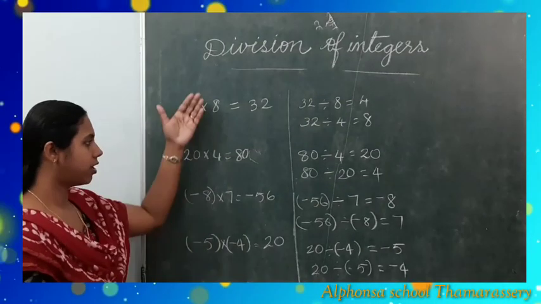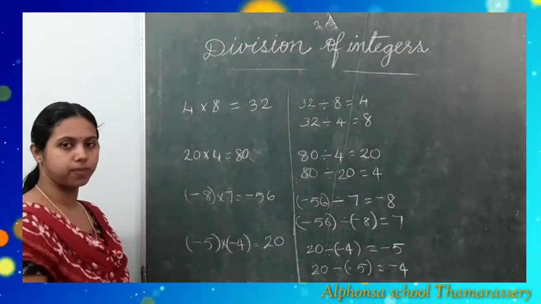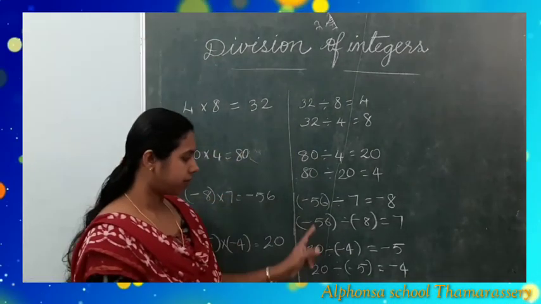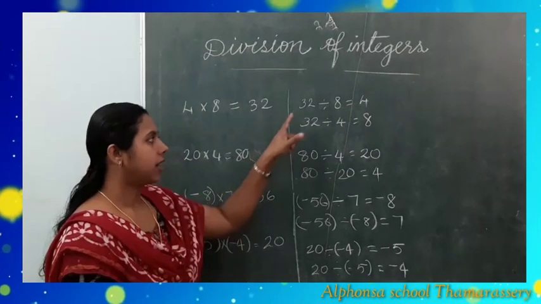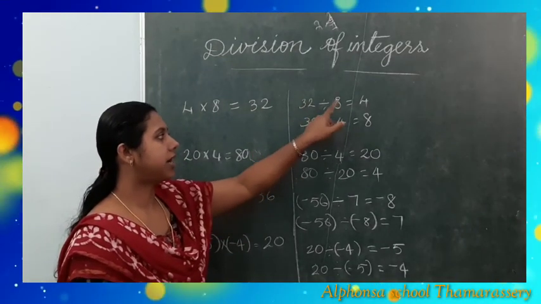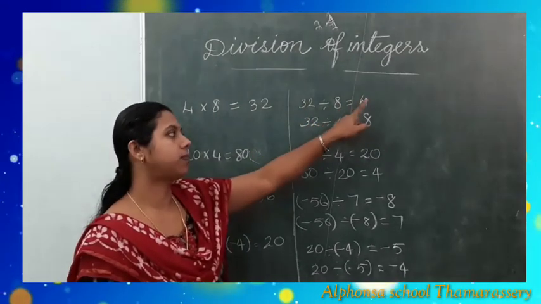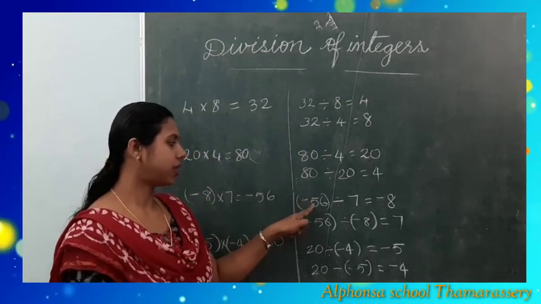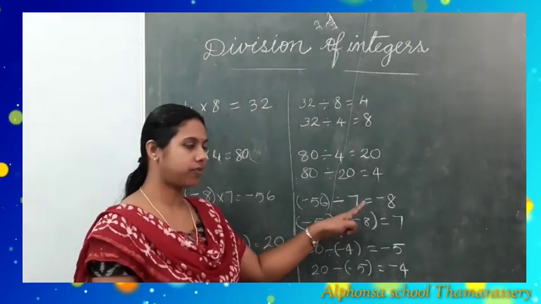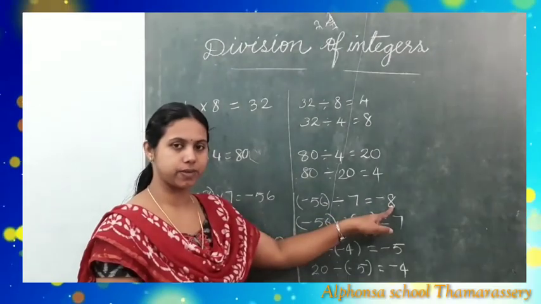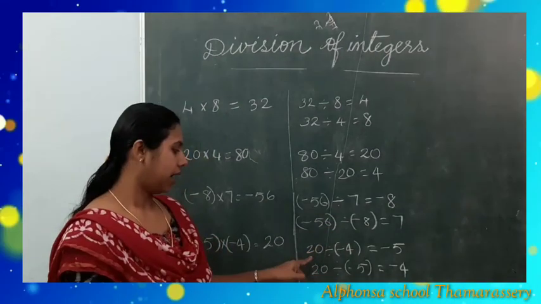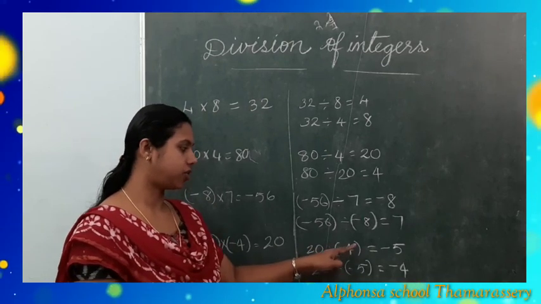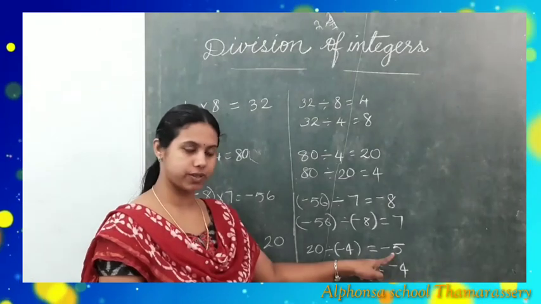And here also, when you observe all these examples, you can see one thing. When you observe the division statements, a positive integer divided by a positive integer gives a positive integer. A negative integer divided by a positive integer gives a negative integer. A positive integer divided by a negative integer again gives a negative integer.